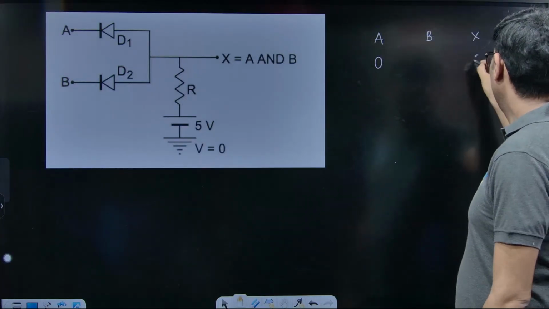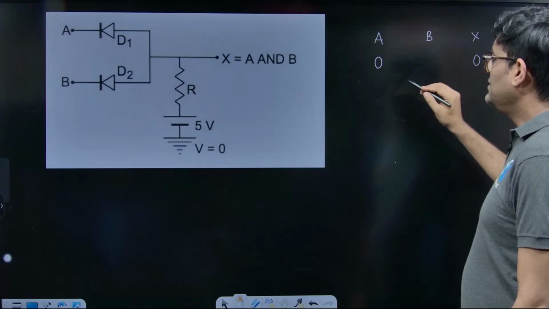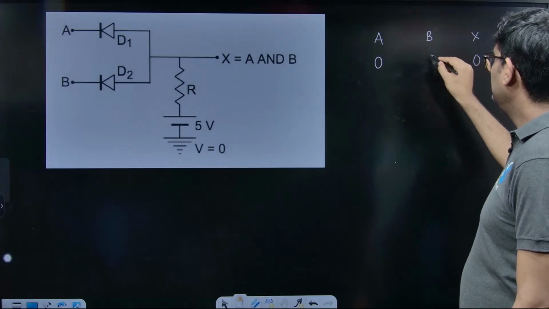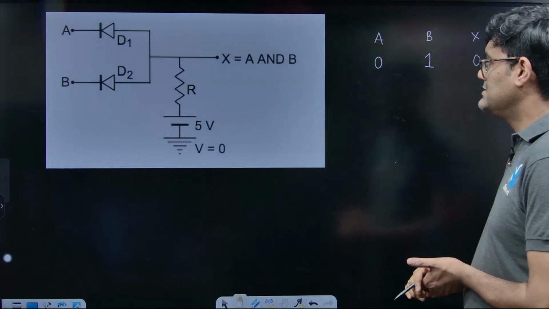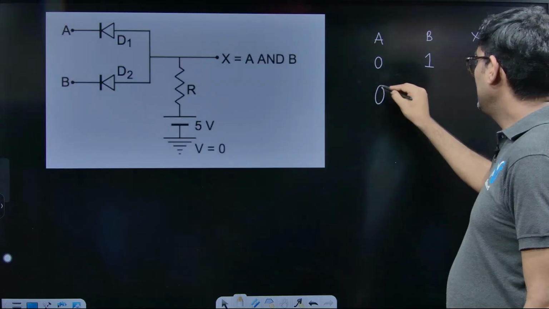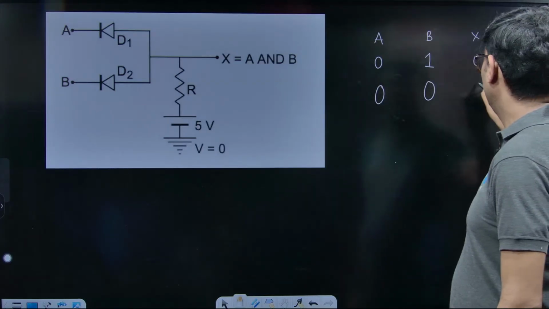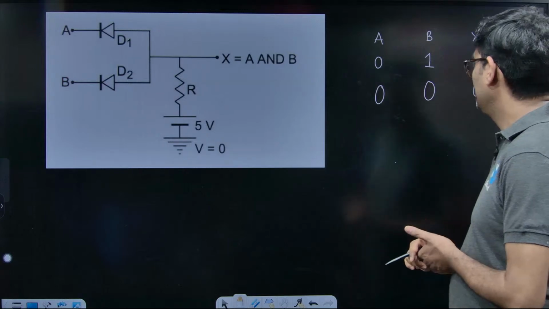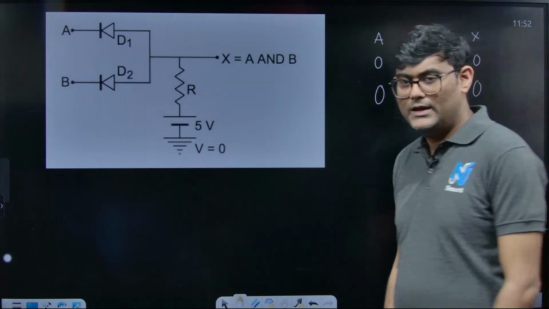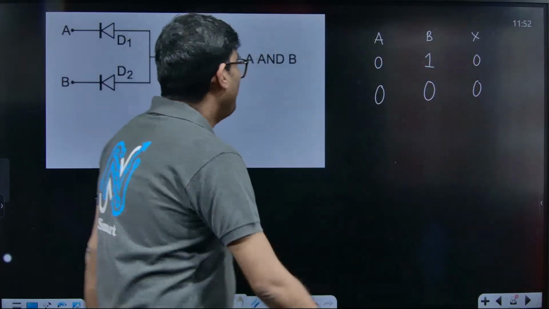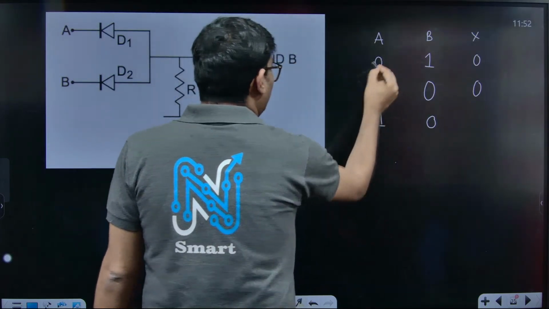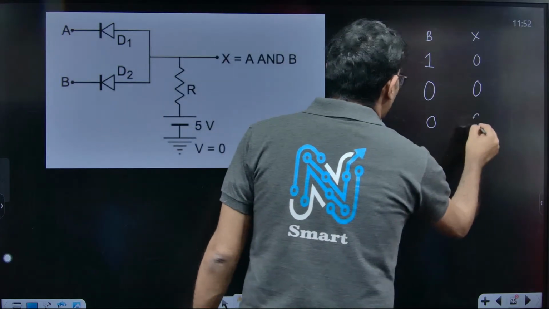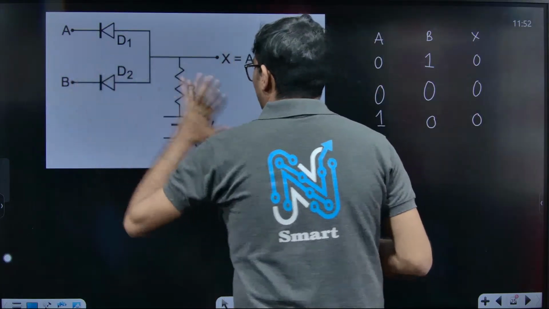So potential of X is also 0. Potential of B, if it is say high, then also does not matter. If potential of B is low, then also it does not matter. X will also be 0. Correct? Similarly, if potential of B is also 0, it does not matter whether A is 1 or 0, X will always be with the potential of B.